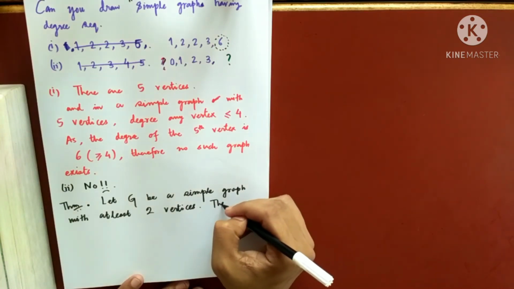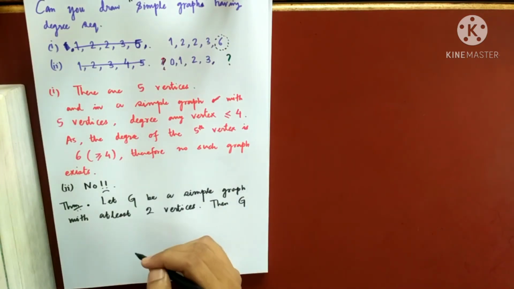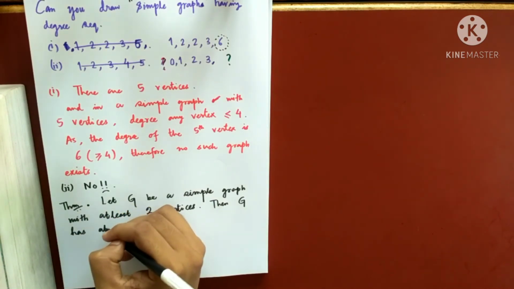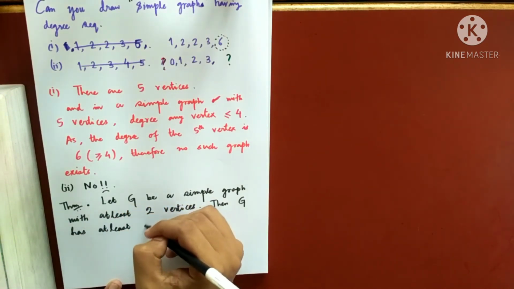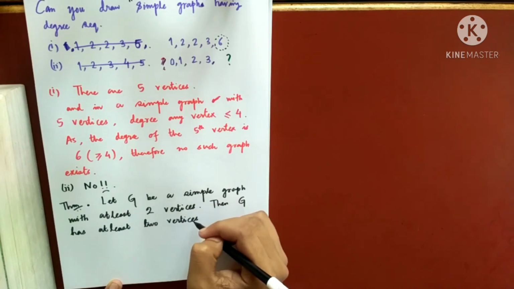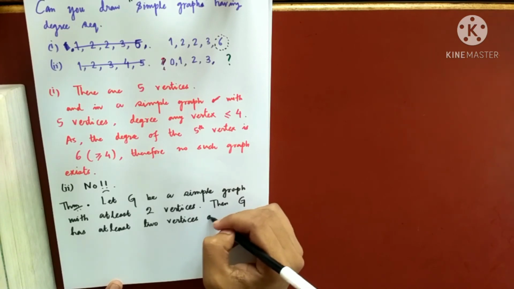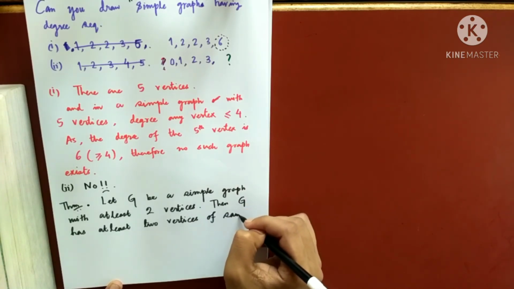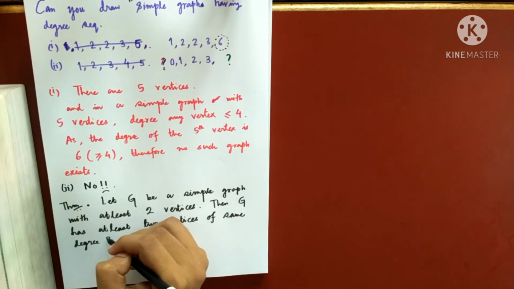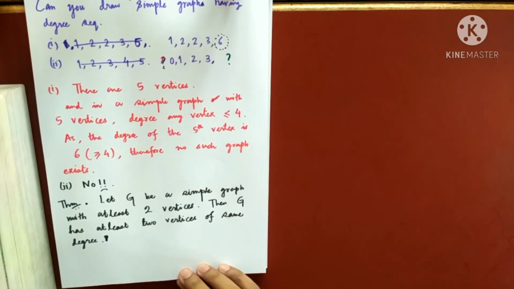Then G has at least 2 vertices of the same degree. This is the theorem.